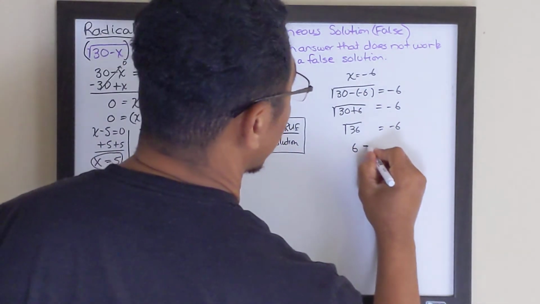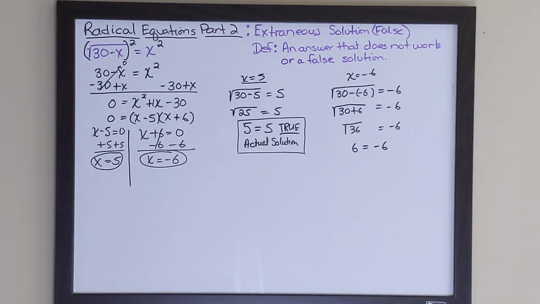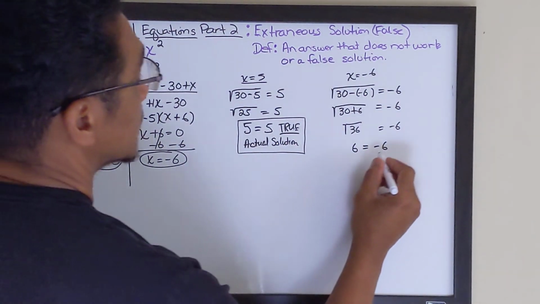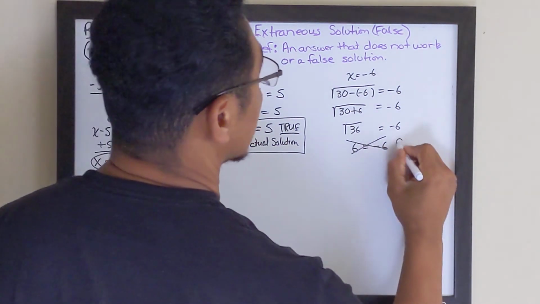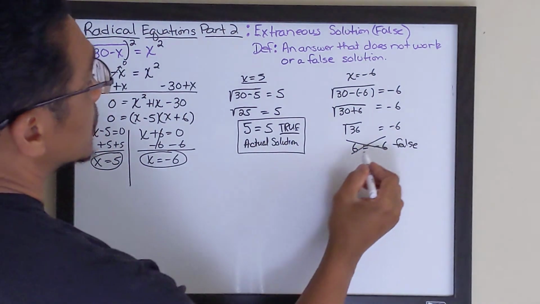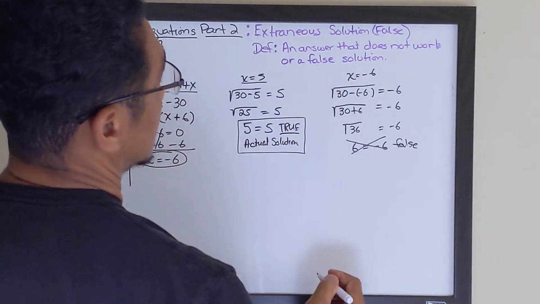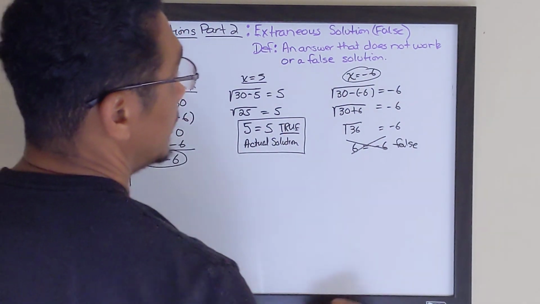But on this side, we have a negative 6. So this is not true. A negative 6 and a 6 are not equal. It is a false statement. So the extraneous solution is the negative 6. This is an extraneous solution. Thank you.